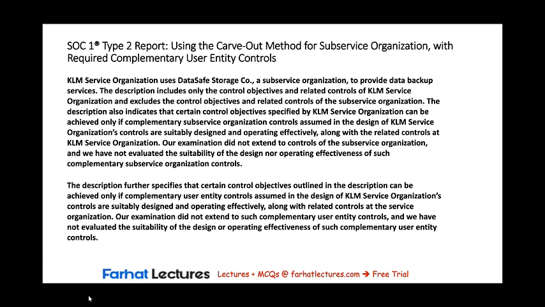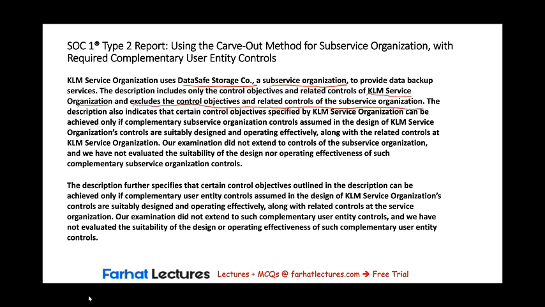So here in this case, KLM uses Data Safe Storage Co., the name of the subservice organization, to provide whatever services it's providing. The description includes only the control objectives and related controls of KLM service organization. It excludes the control objectives and related controls of the subservice organization. So this is how we know that we're using the carve-out method.